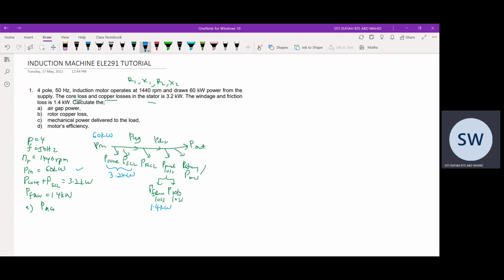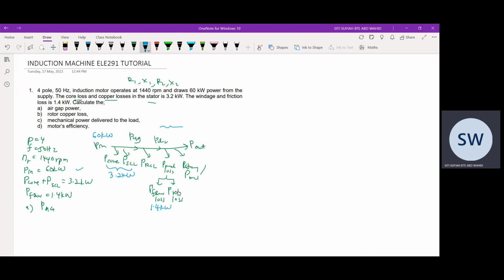Okay, so next you put zero value for a few losses, for example. Whatever losses after the developed power, if not given, then you assume it as zero.